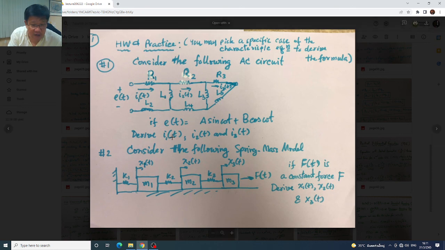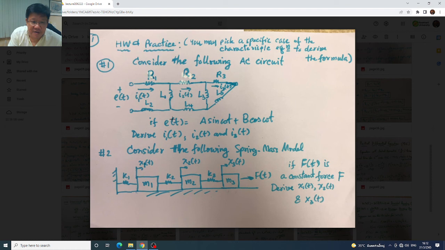You have I sub 1 as a function of t, I sub 2 as a function of t, and I sub 3 as a function of t. But I want to make your life a little bit simpler. Suppose I give you an input voltage source in a very easy form, only A sine omega t plus B times cosine omega t. A very simple form, because the system is already a difficult one.